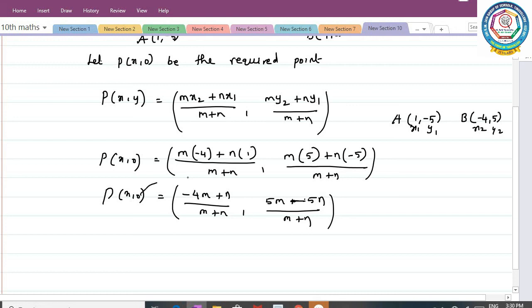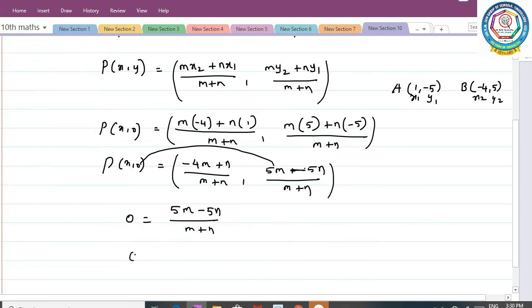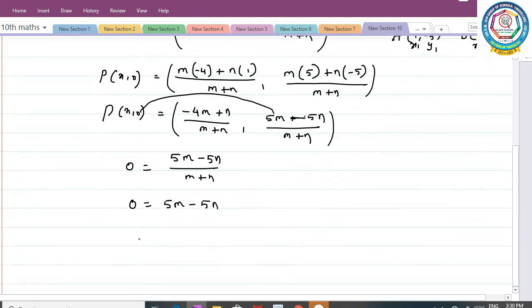That way I am going to equate 0 comma this one. 0 equal to (5m minus 5n) by (m plus n). If you take the cross multiply, 0 only. So 0 is equal to 5m minus 5n. So 5m equal to 5n. So m by n equal to 5 by 5. So 5 will cancel. That ratio is 1 by 1, that is 1 is to 1. So we got the ratio m is to n.